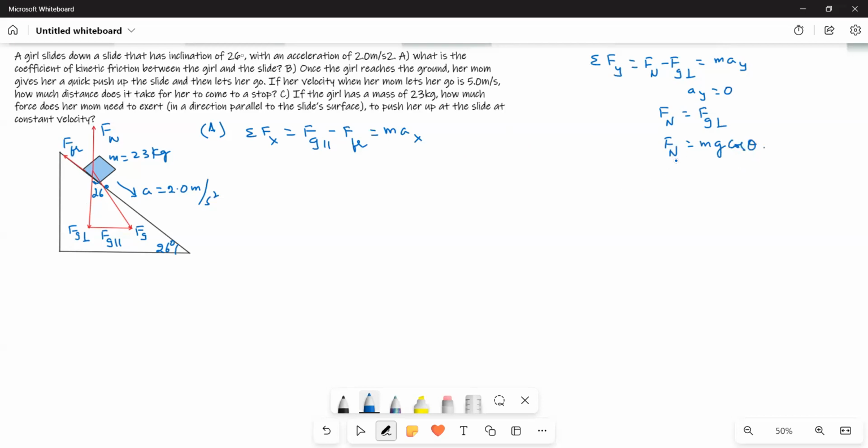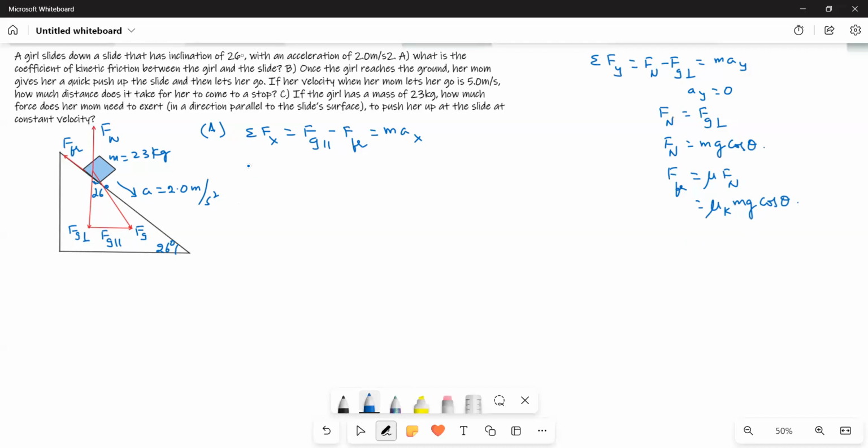So, F friction is equal to mu k Fn, and Fn is mg cos theta. Therefore, this is equal to mu k mg cos theta. Now here Fg parallel is the opposite side to the angle, and opposite side to the angle means a sine component.